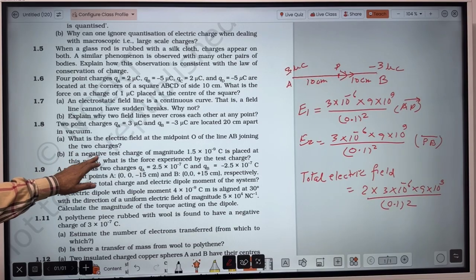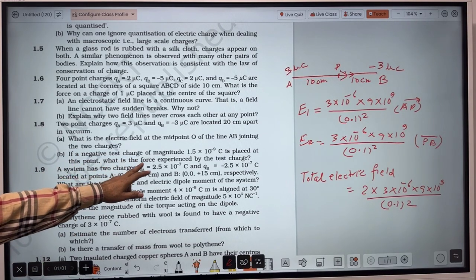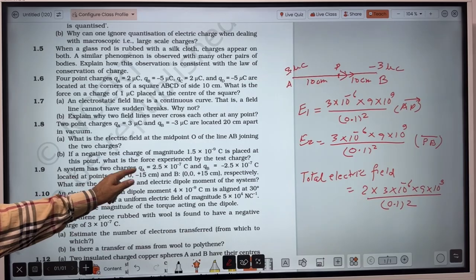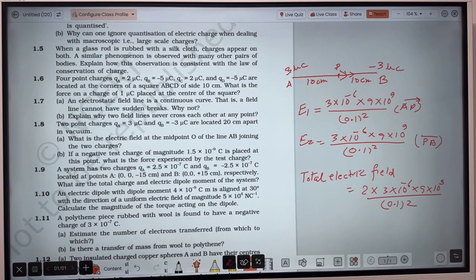Now if a negative test charge of magnitude 1.5 into 10 to the power minus 9 coulomb is placed at this point, what is the force experienced by this test charge? It is simple.